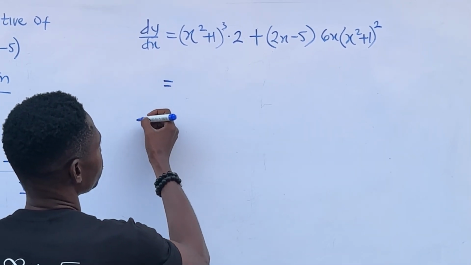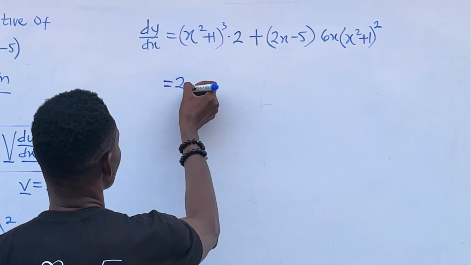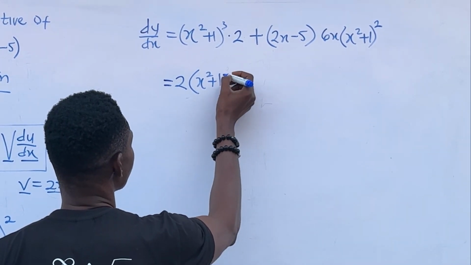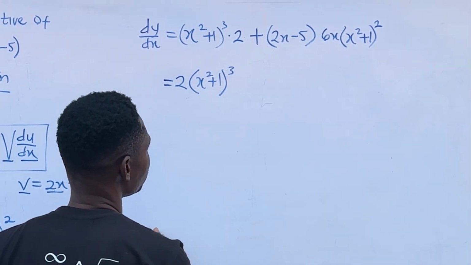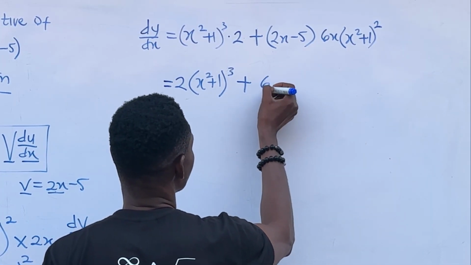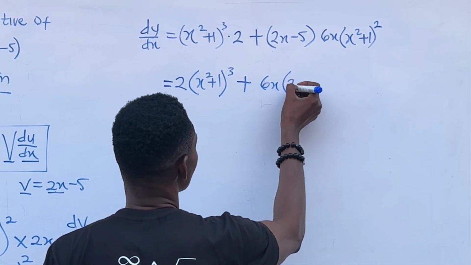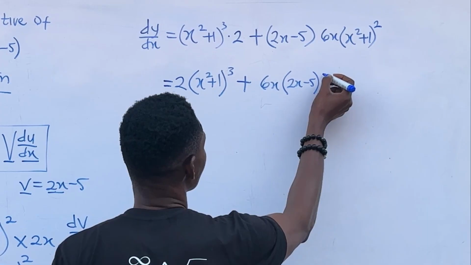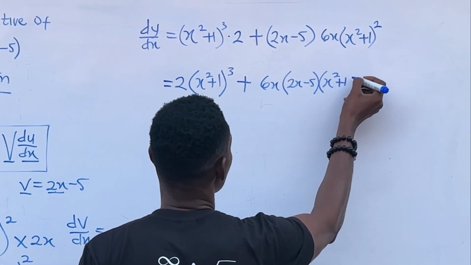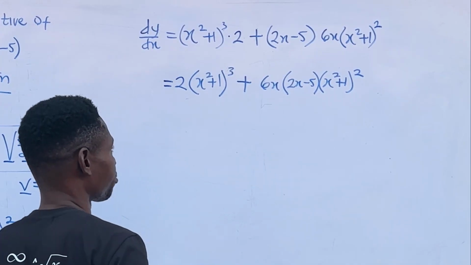So let's simplify further. Here we have 2 into (x squared plus 1) cubed, plus on the other side 6x into (2x minus 5) into (x squared plus 1) squared.